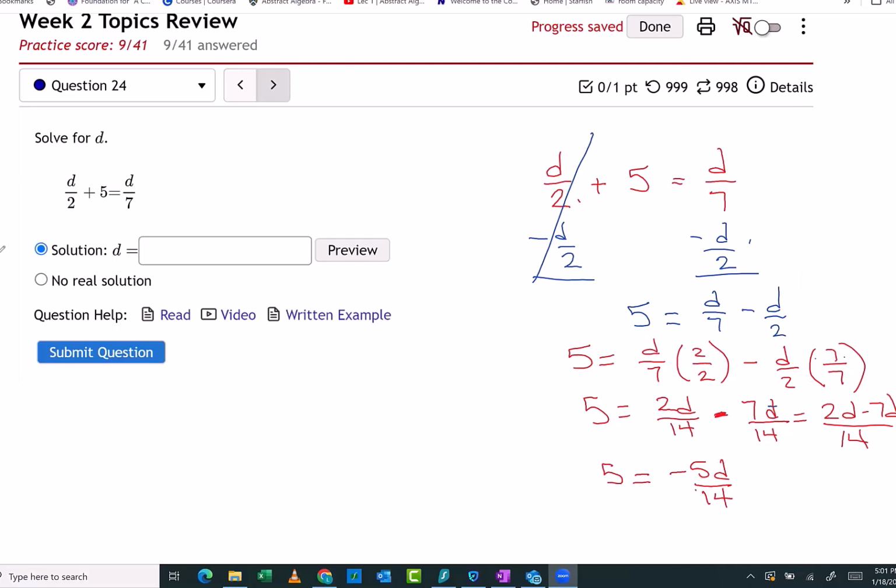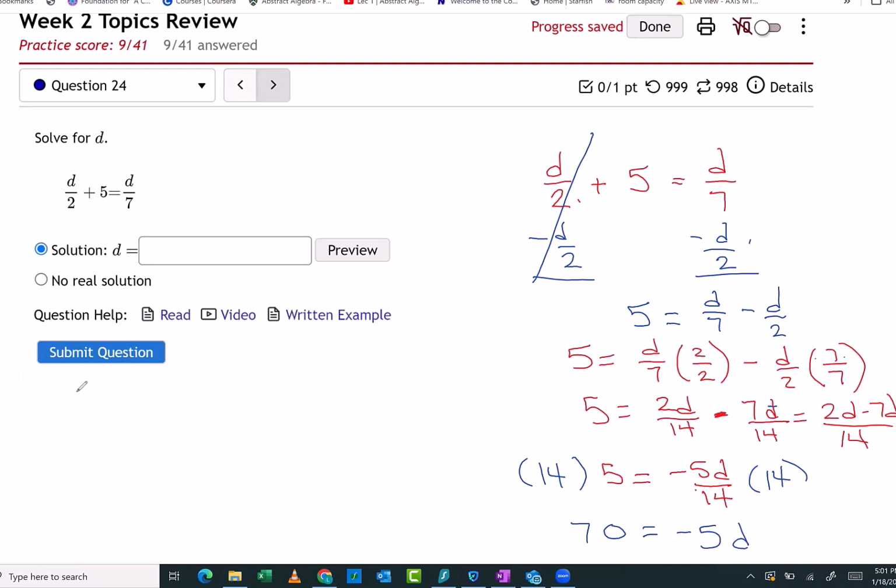How do I get rid of that denominator? Same as I have for all the rest of the videos. I'm going to multiply both sides by 14. 14 times 5 is 70 equals minus 5d.